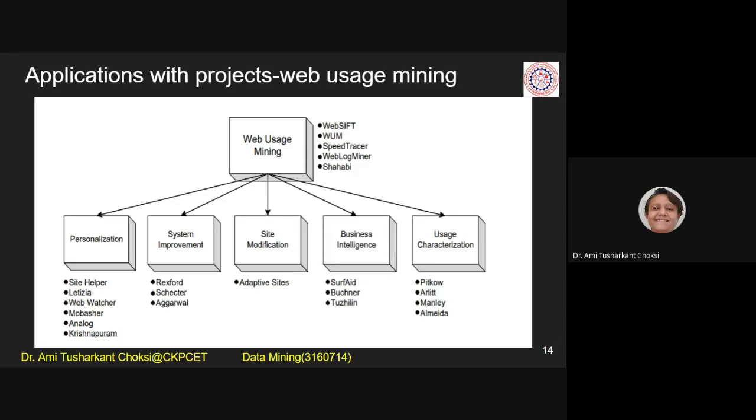Now what is the meaning of finding this pair, this relation? With that we want to provide the business intelligence.